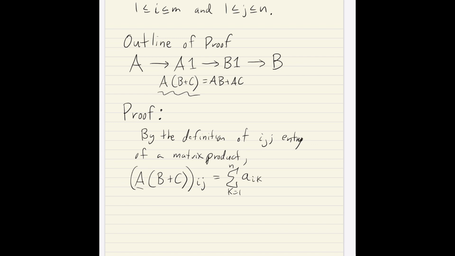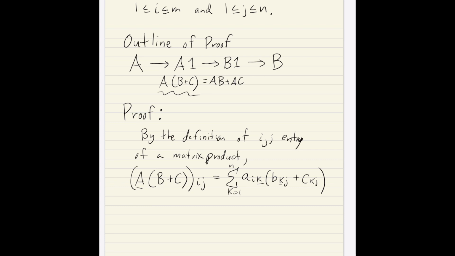And then that's going to be multiplied by the IJ form of capital B, which in this case will be B_KJ, plus C_KJ. The K's have to match so that the inner matrix product exists.